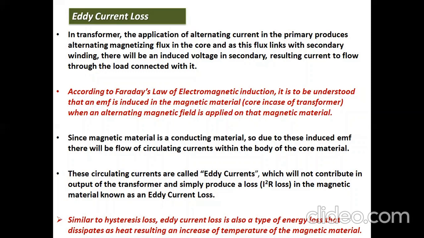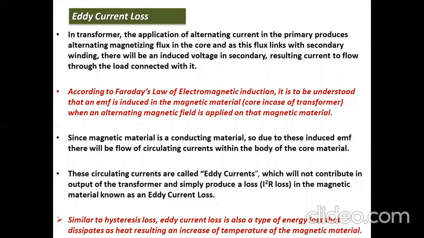According to Faraday's law of electromagnetic induction, an electromotive force is induced in the magnetic material, that is the core in case of a transformer, when an alternating magnetic field is applied on that material.